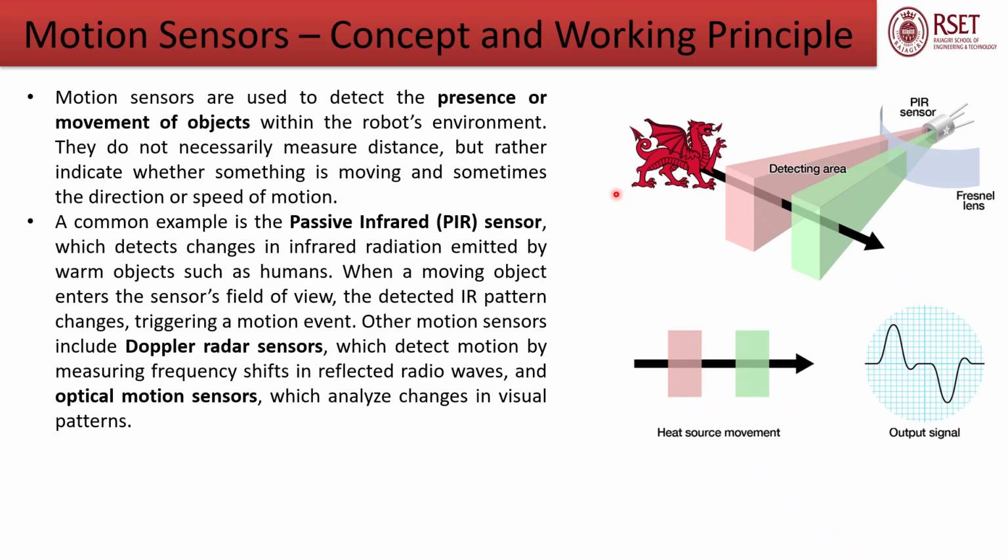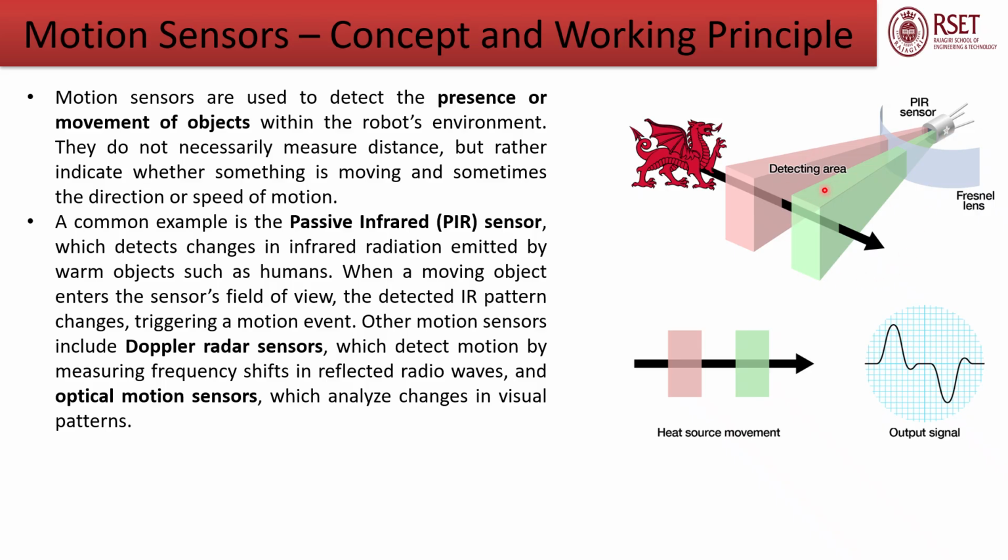When a moving object enters a sensor's field of view, the detected IR pattern changes, triggering a motion event. Other motion sensors include Doppler radar sensors, which detect motion by measuring frequency shifts in reflected radio waves, and optical motion sensors, which analyze changes in visual patterns.